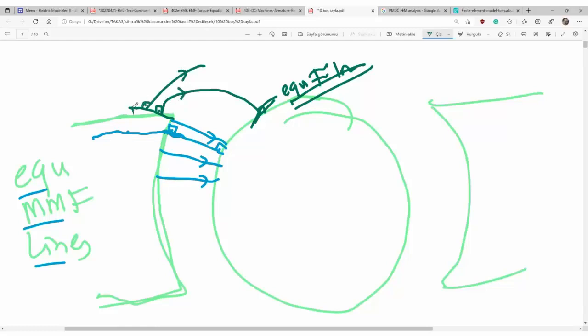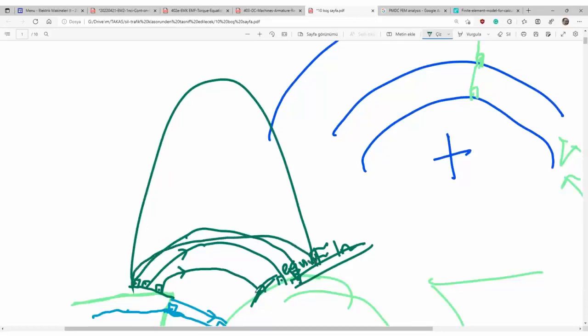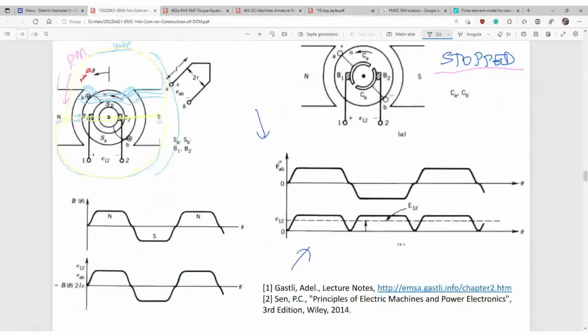Here it will be perpendicular and enter perpendicular and choose the shortest path, not this one. It chooses the shortest path.